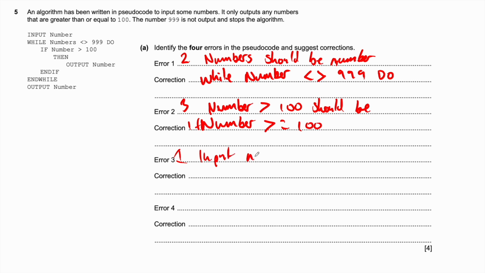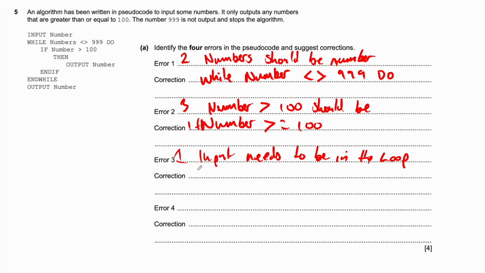Input needs to be in the loop. So I would say it needs to be after the if statement. So you do the process and then you enter a new number.